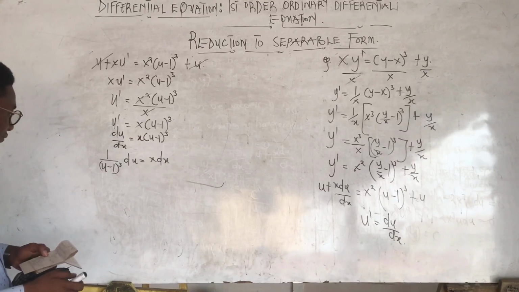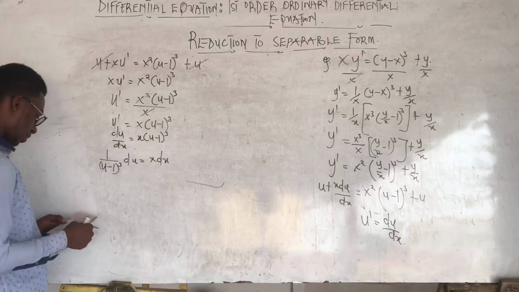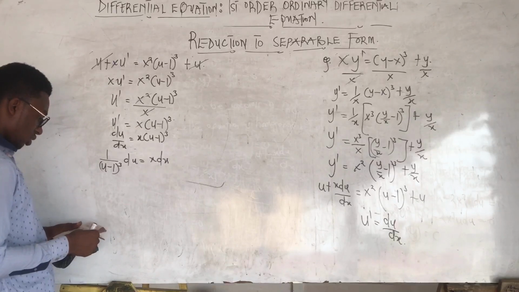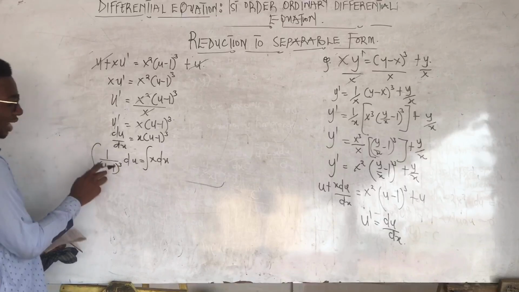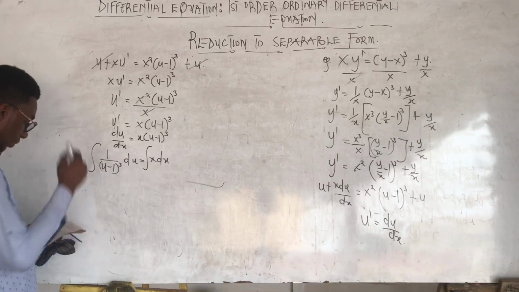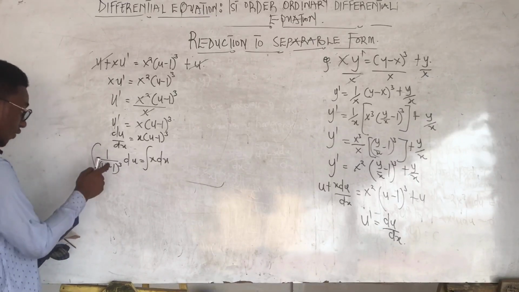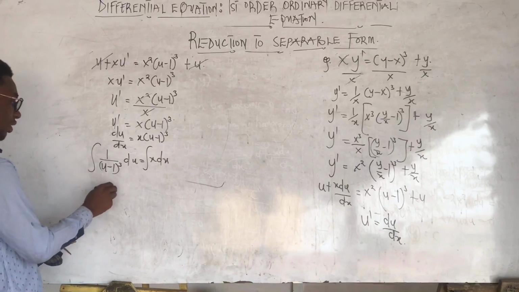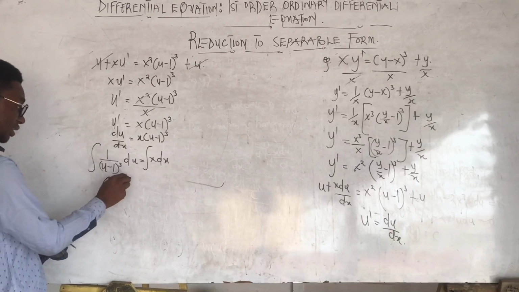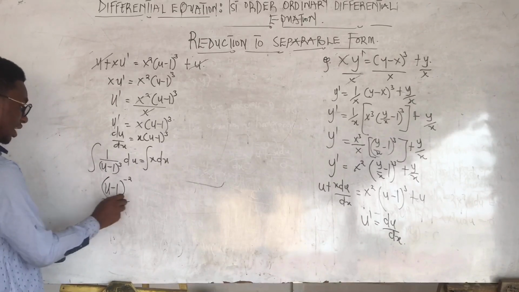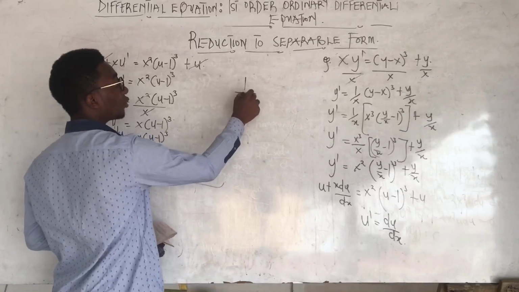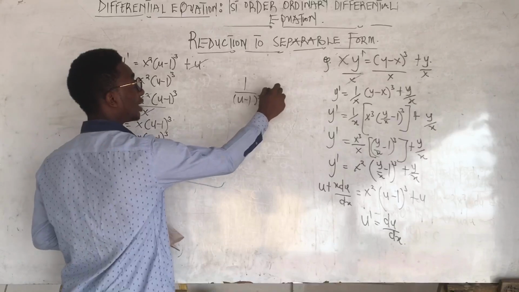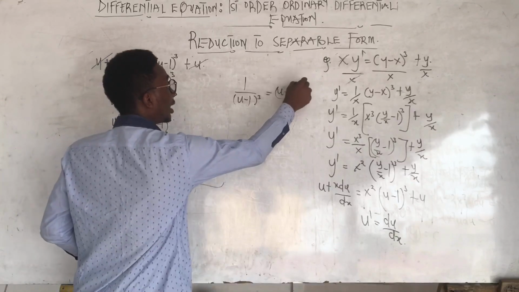Now when you find the integral of this side and the integral of this side, you should be able to do this integral. The integral over here is simply (u minus 1) exponent negative 2 divided by negative 2, because 1 over (u minus 1) cubed is the same as (u minus 1) exponent negative 3.